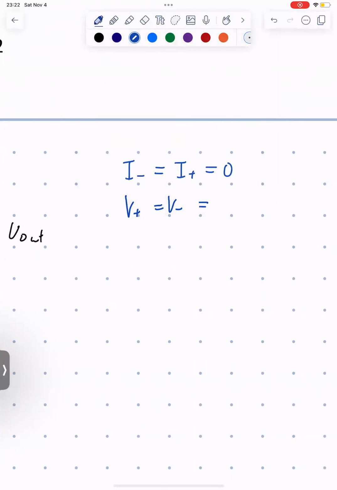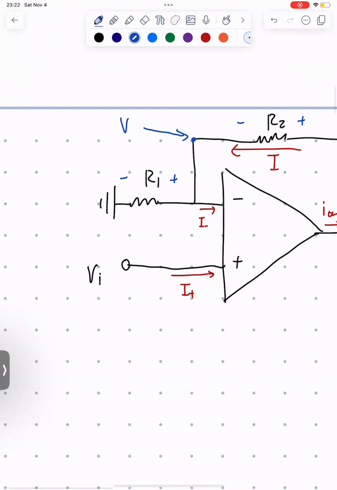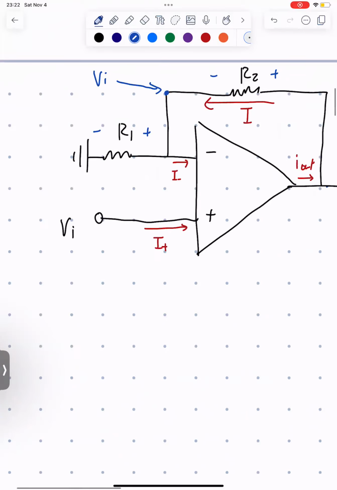So V plus equals V negative and also equals VI. So in this case, we can trace a node voltage over here. The voltage at this node is just going to be VI, because the voltage of this node is V negative, which is equal to V positive, which is then equal to VI.